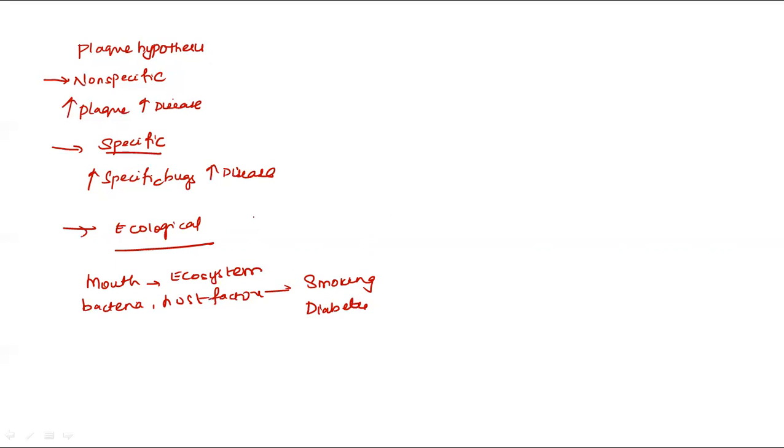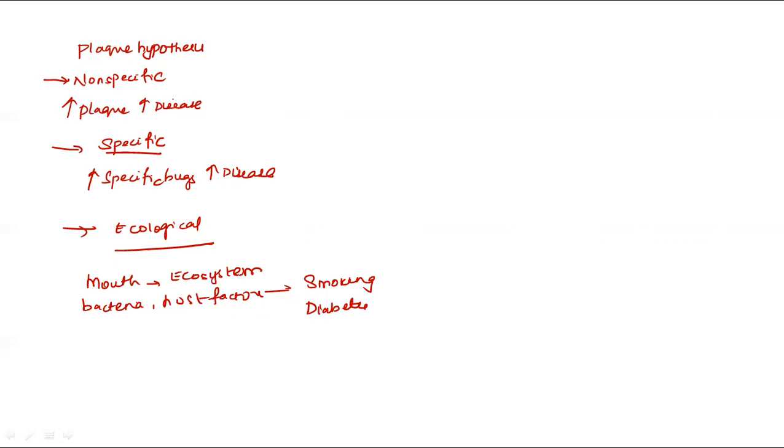And this is true, because just because there is bacteria, you don't get disease. If you do not maintain good oral hygiene, if there's a lot of smoking habits, a lot of diabetes, then that will cause more and more disease.